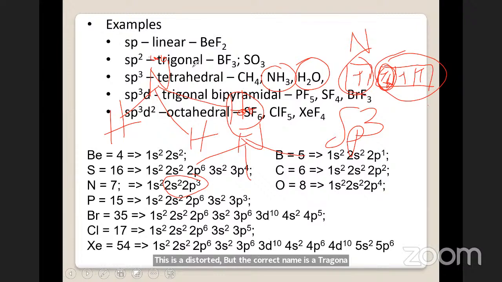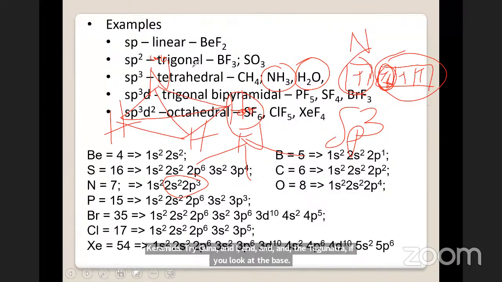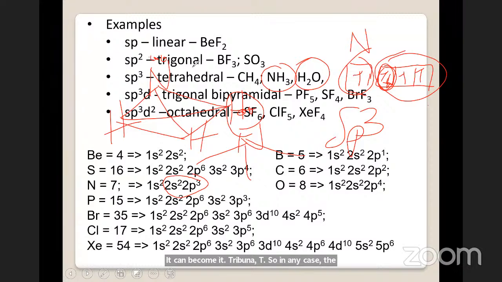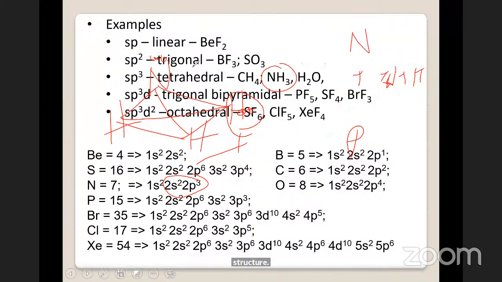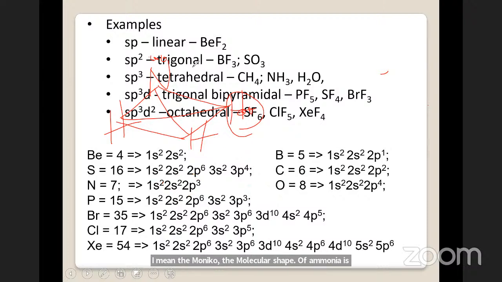And how is it trigonal pyramidal? If you look at the base, it is trigonal. So in any case, the molecular shape of ammonia is trigonal pyramidal.